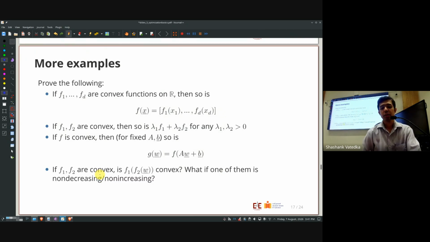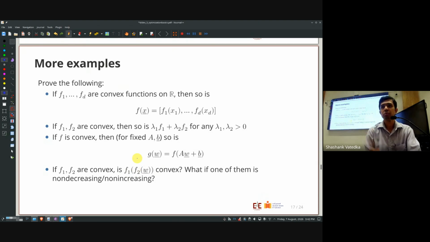But then you have to be careful about just composing convex functions. You cannot, in general, conclude that if f1 and f2 are convex, then f1 of f2 of w is also convex. That doesn't always hold. But then you can say something more. If one of them is non-decreasing or non-increasing, then you can say that the composition is also convex.